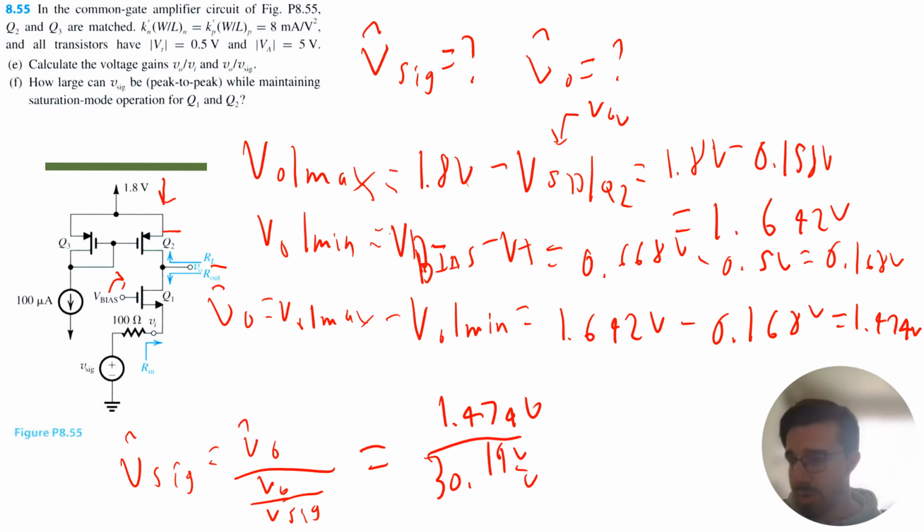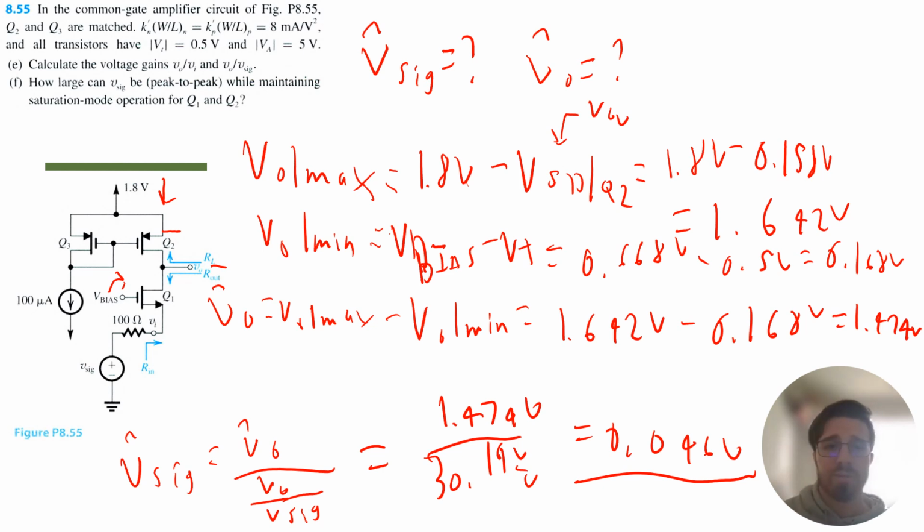And that would be equal to 0.046 volts. So that is the largest value that Vsig can be, or peak to peak.